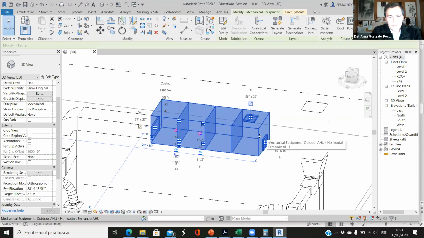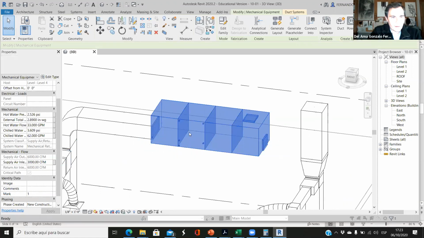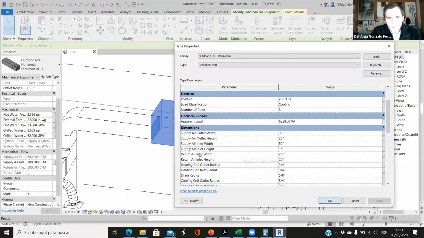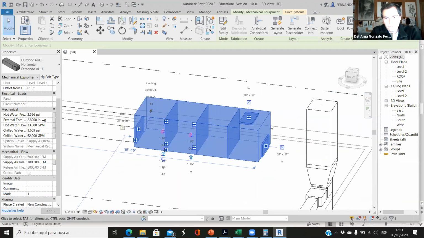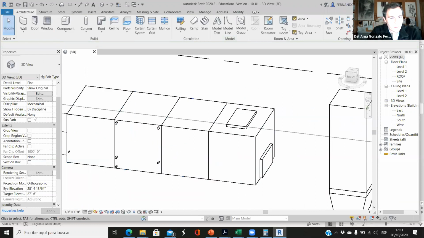Now we can change this return inlet to 30 by 30.